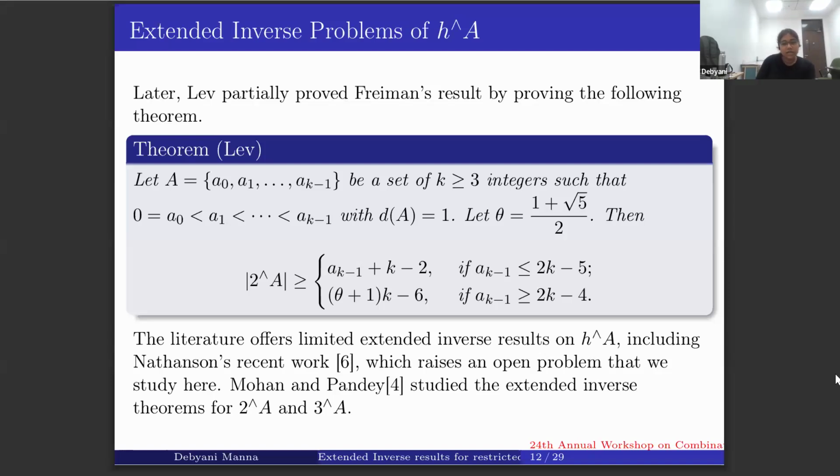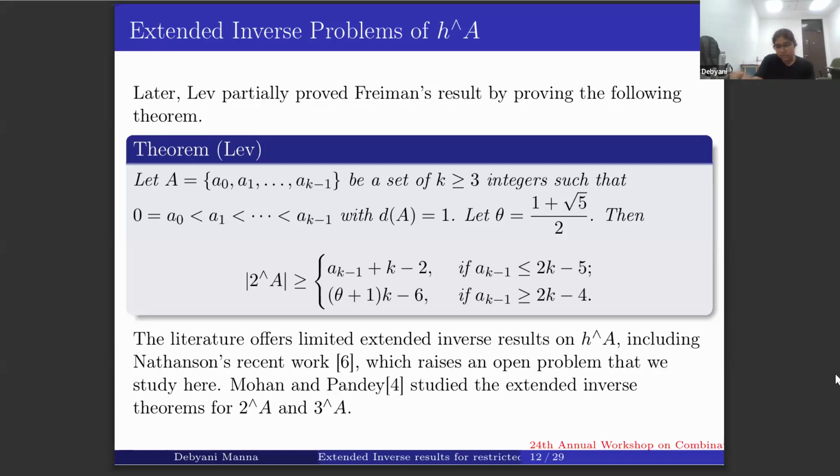In this recent work, he raises the question: what can we say about the sets A when we have certain cardinalities of the restricted h-fold sumset? In 2023, Mohan and Pandey started the extended inverse theorem for the twofold restricted sumset and threefold restricted sumset.